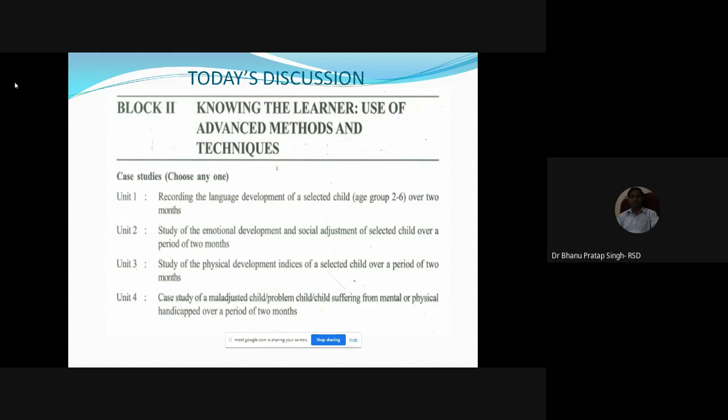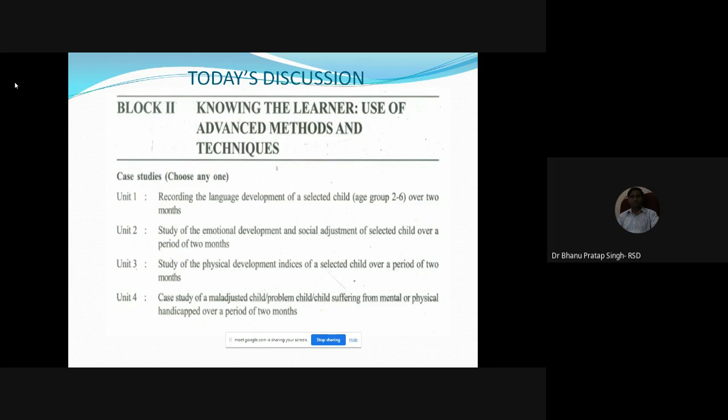If I see the first slide, then 4 case studies are there and you have to choose any one. The first case study is recording the language development of a selected child, and the age group of the child should be 2 to 6 years, and that activity will take 2 months.